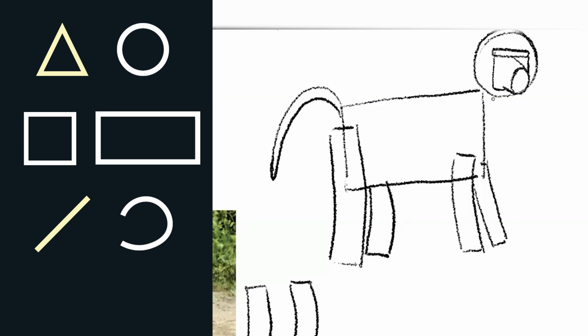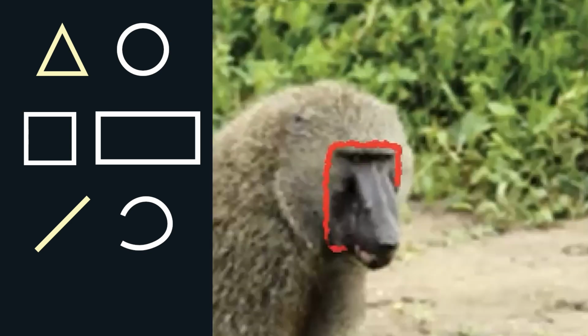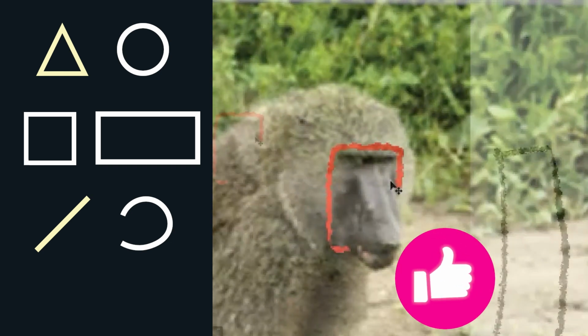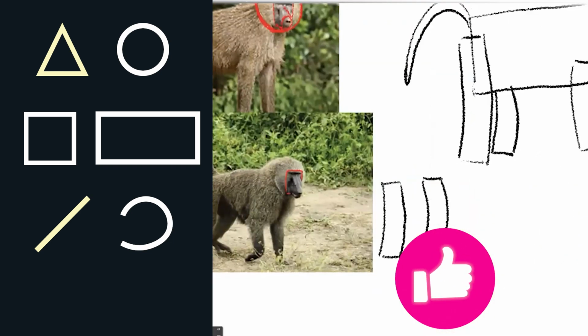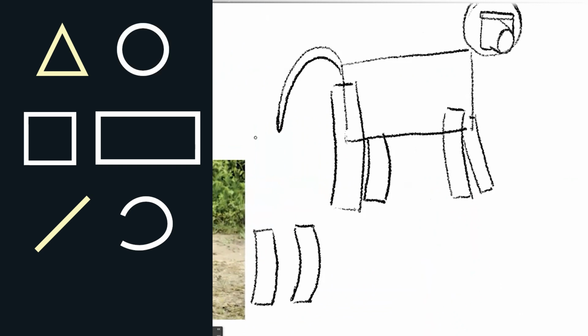And then in this picture, we can actually see his eyes. It's very small, but can you see his eyes? What kind of shape can we draw for his eyes? Yeah, very small circles. We've got two small circles. Okay.